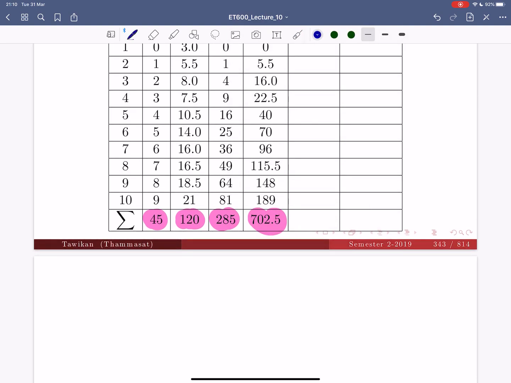So the system of normal equations, I'm going to be writing it in matrix form. That is n, where n is the number of data points. It will be 10. Summation of xi, where i runs from 1 to n, and in this case n is 10.